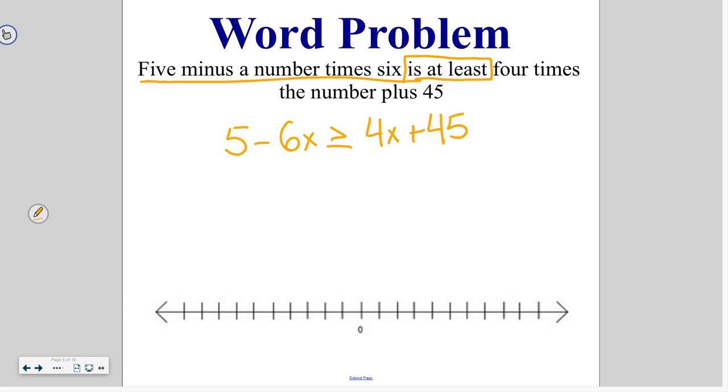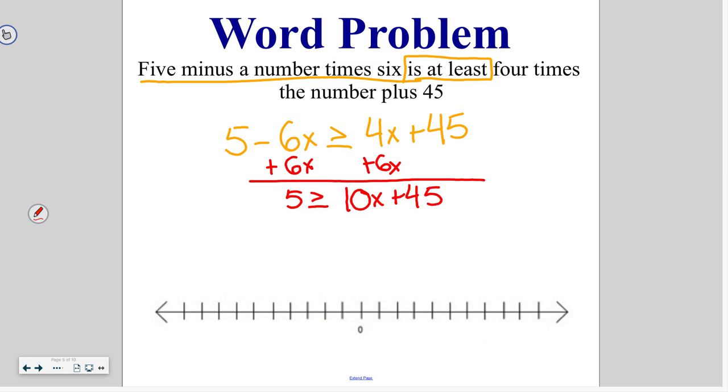So now we've got variables on both sides. In order to avoid negatives and to avoid having to flip that inequality symbol, we're going to first add 6x to both sides. So I've got 5 is greater than or equal to 10x plus 45.